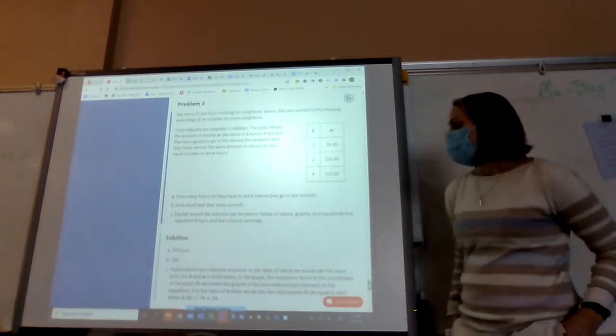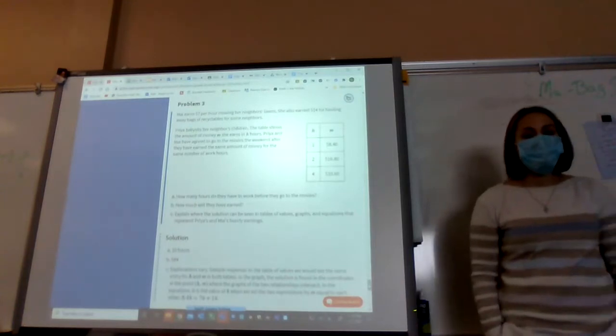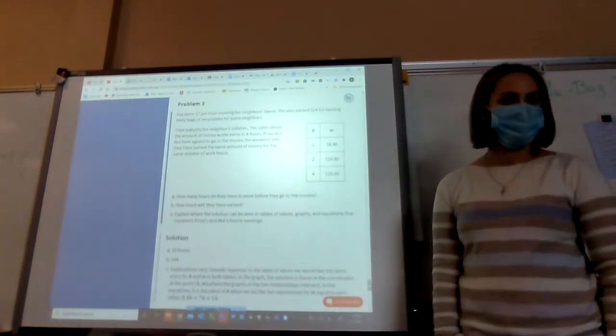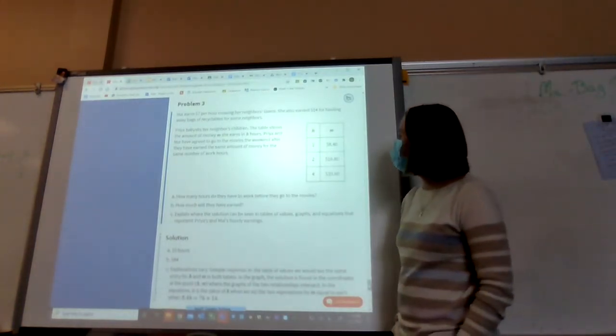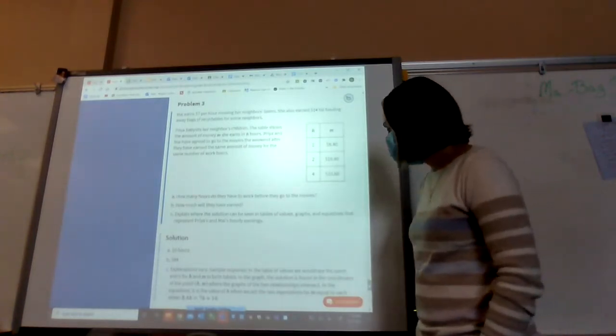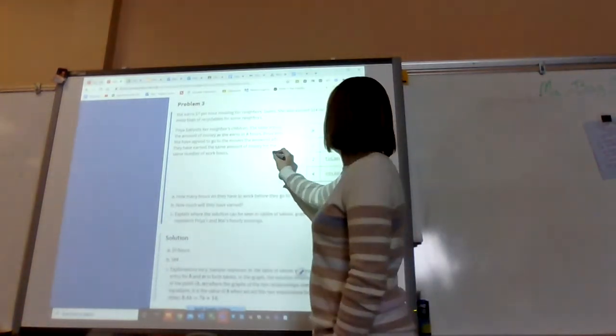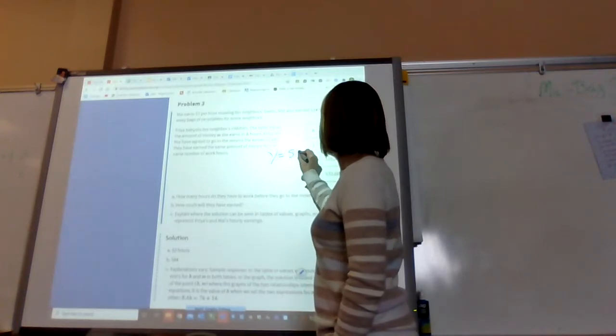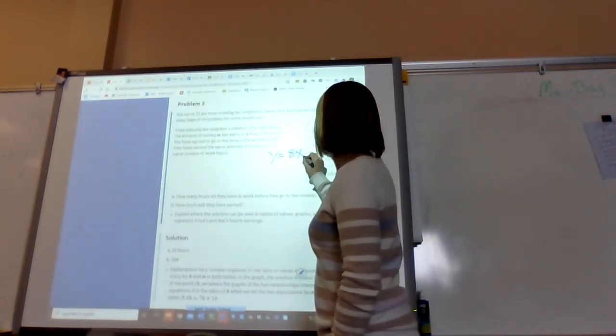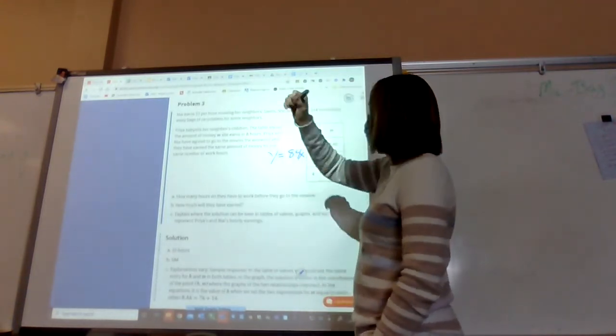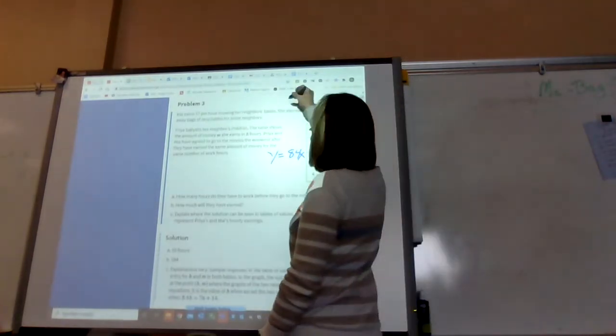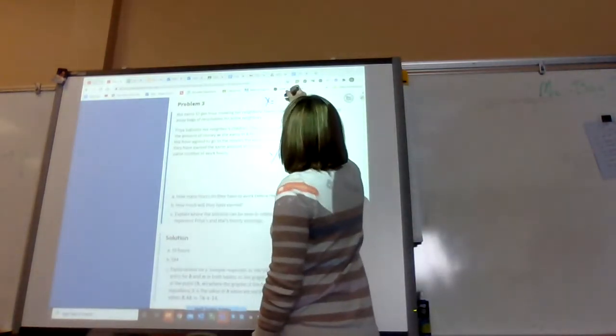Okay. There are a couple of ways to do this. Who has one suggestion? I found equations for both of them. For Priya, it would be y equals $8.40 x, and for Mai, y equals 7x plus 14.